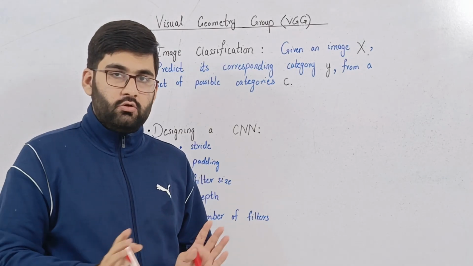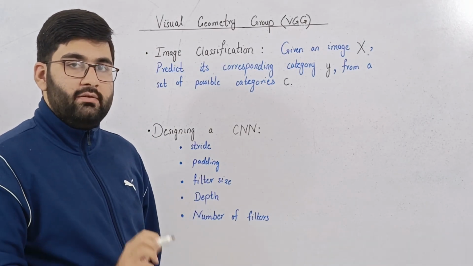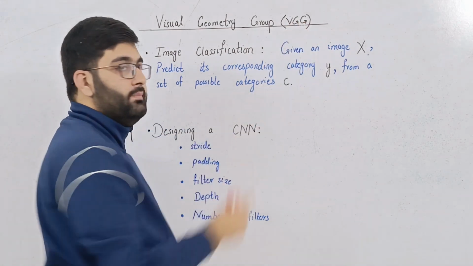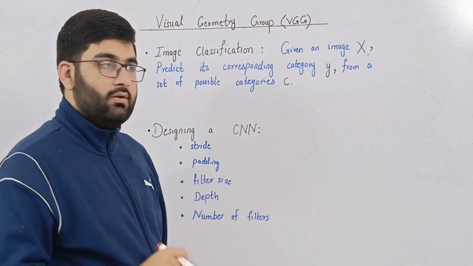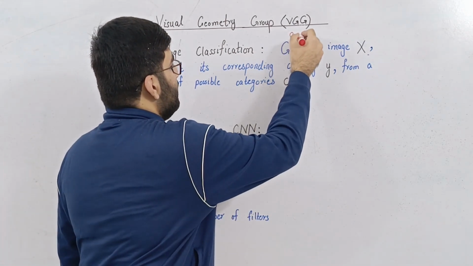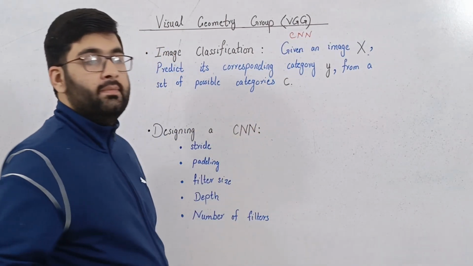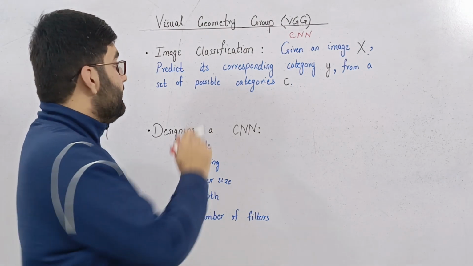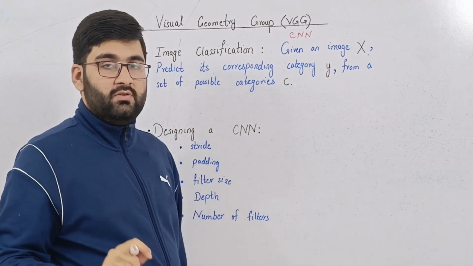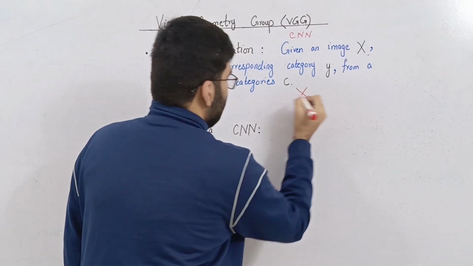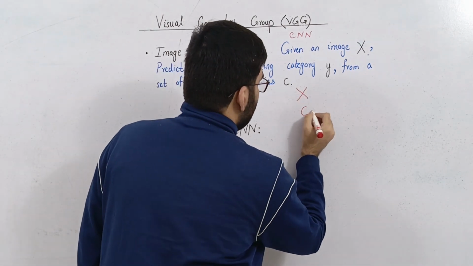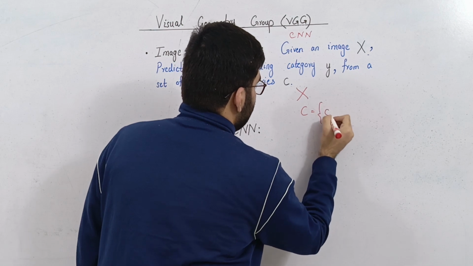In this lecture, we will talk about the visual geometry group or VGG. VGG is a type of convolutional neural network or a CNN that is used for image classification. The image classification problem states that we have an input image X and we have a set C of possible categories.